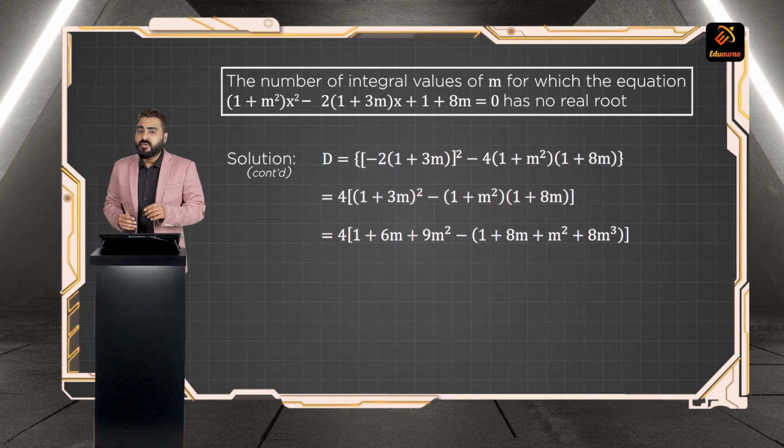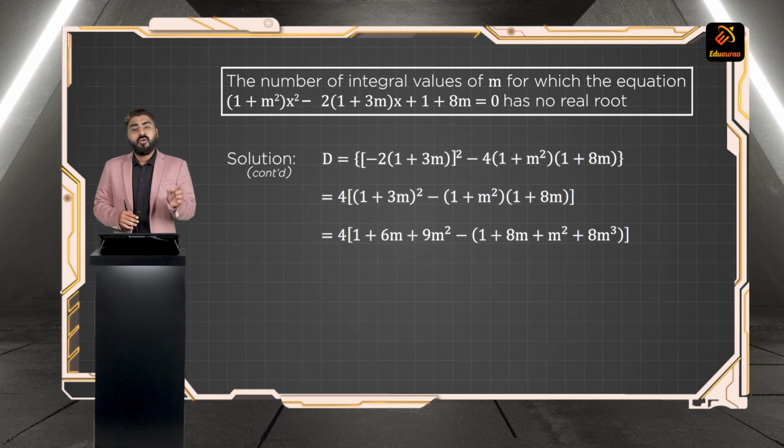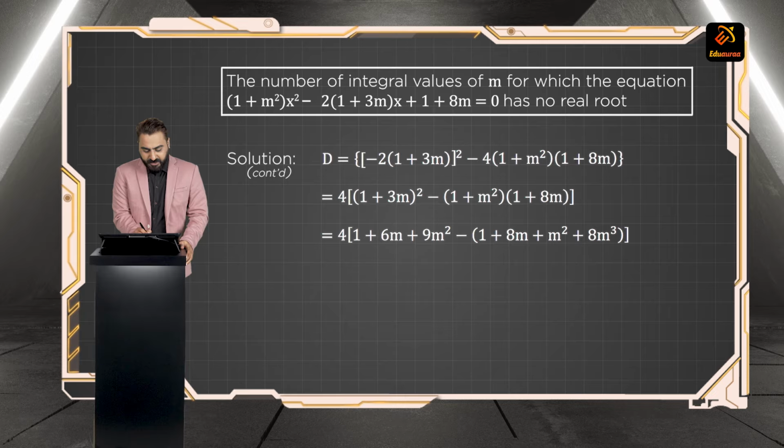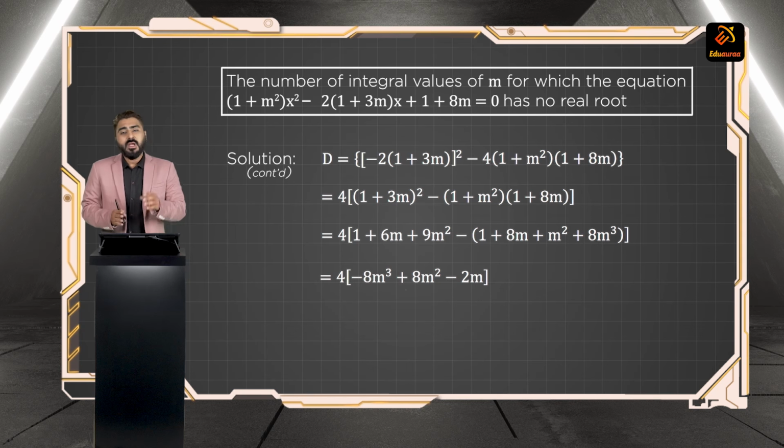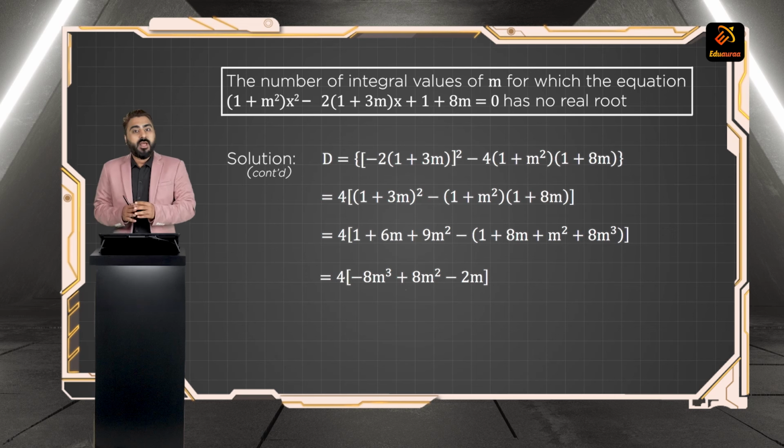Now students, let's take this minus sign inside, cancel those terms which are getting cancelled, and form a new equation. The new equation after cancelling terms is 4(-8m³ + 8m² - 2m). So students, from this let's take m common, and along with that let's take 2 common.